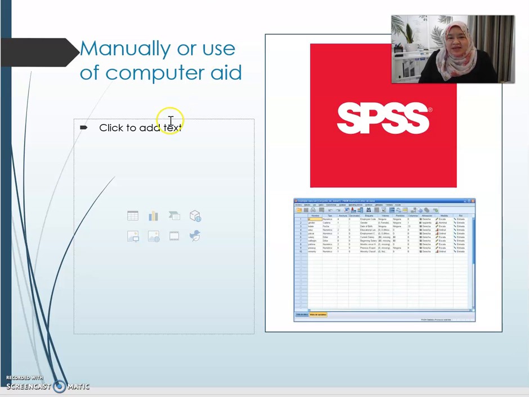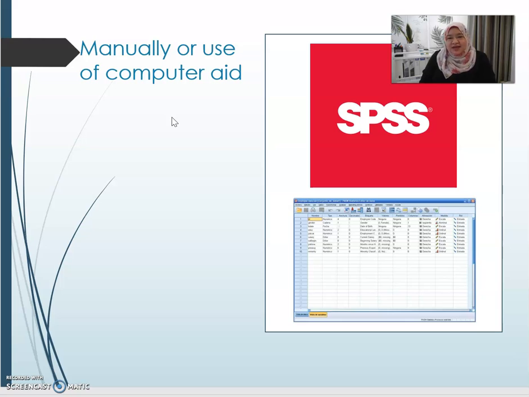Basically you can do a manual calculation using your formula, a calculation using a calculator, or you can use Excel. But now we have software called SPSS that will help you analyze your data. When you are using software, it's very important to get yourself familiar with it, as well as be able to interpret the data correctly.